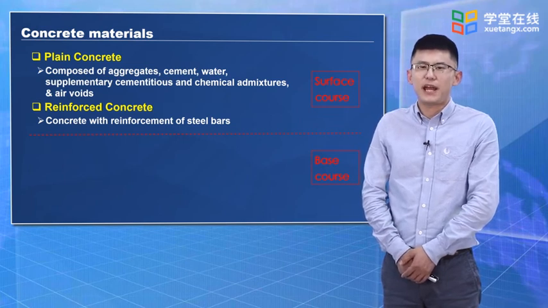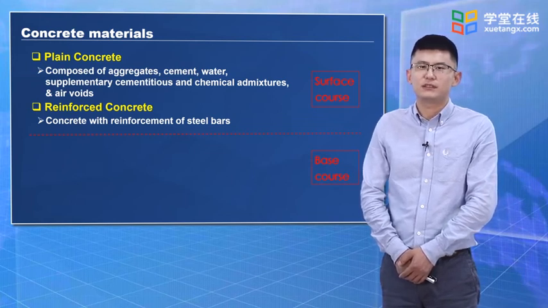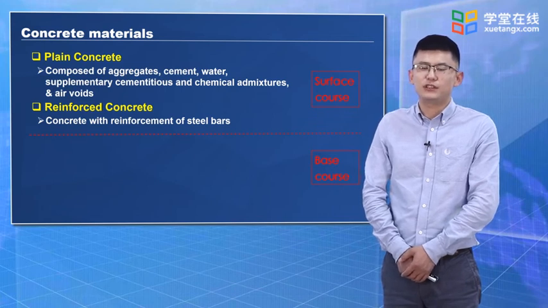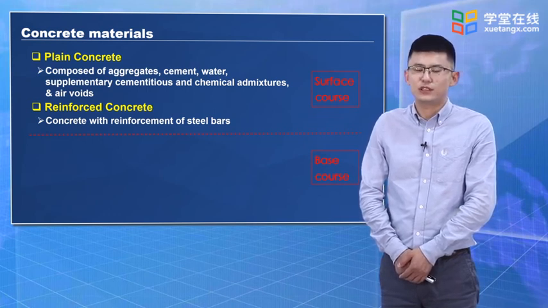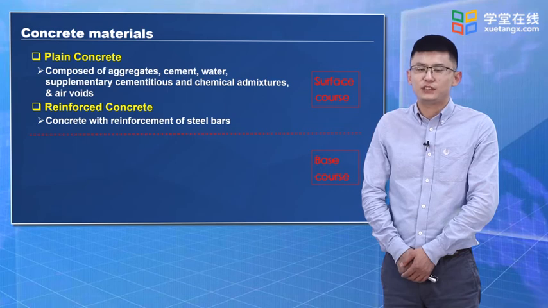It is composed of aggregates, cement, water, supplementary cementitious materials, chemical admixtures, and air voids. And for the reinforced concrete, according to its definition, we know that the concrete is reinforced by steel bars. And sometimes if reinforced concrete is used, we call it continuously reinforced concrete pavement, CRCP.